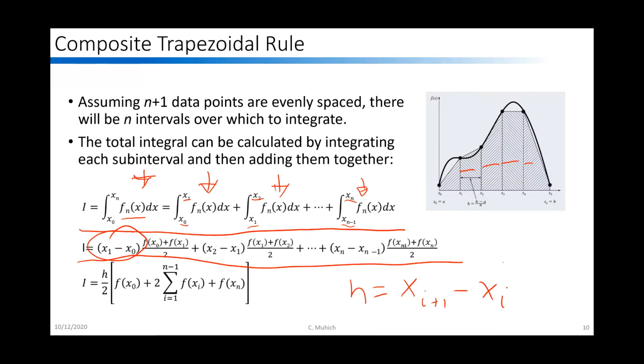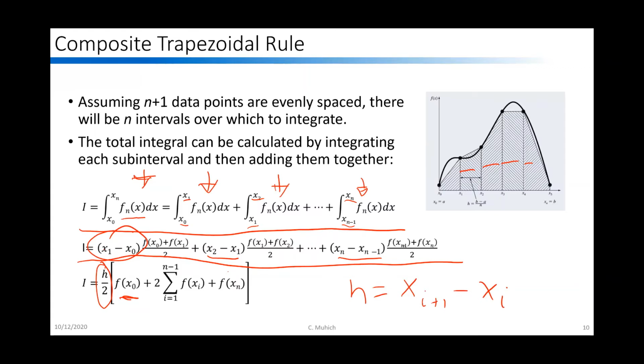I can then pull coefficients out, because if each of these data points are evenly spaced, I can pull them out and I get this h over 2. And then I have the rest of my terms. It ends up being that I have f of x0 plus twice the sum of f of xi plus f of xn.